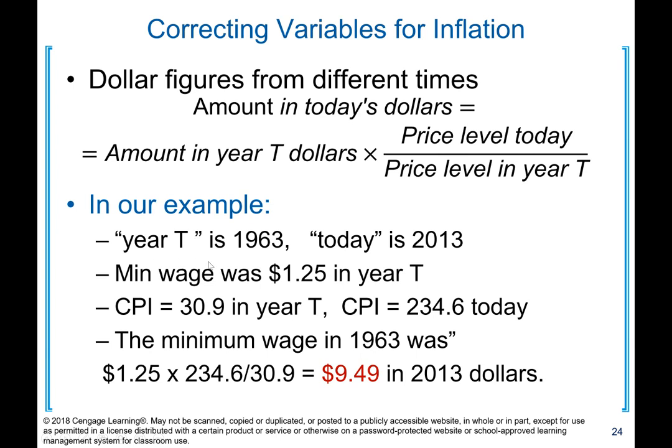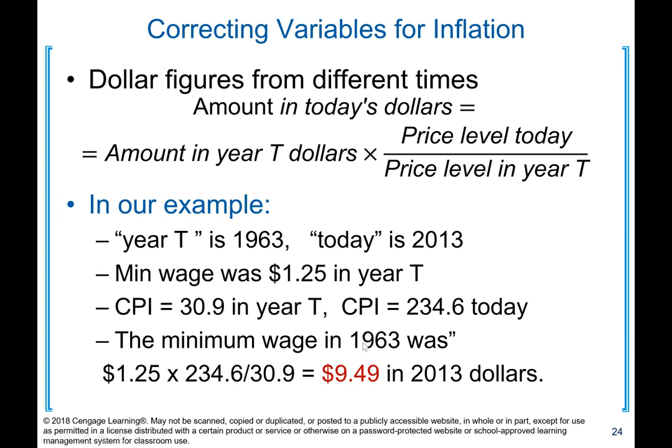Okay? So in our example, year T would be 1963. Today would be 2013. Minimum wage in 1963 was $1.25. That was the year T. CPI in year T, or in 1963, was 30.9, and CPI in 2013 was 234.6.